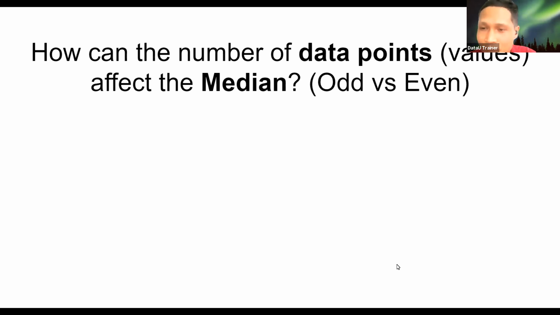But if your total number of data points is even, like 4 or 8 or 10 or 12, we know that we should get 2 median points because it's an even number. And odd, you always get 1, even is 2. So that's basically the summary.